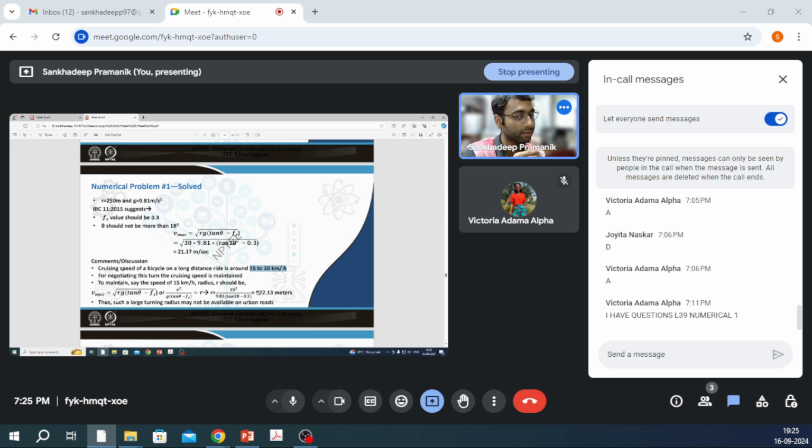But in that case, the required radius will be very high, like 922 meters here. To get that much radius in the urban context is very difficult. Therefore the radius is considered around 12 kilometers per hour. That is what is meant by these comments.